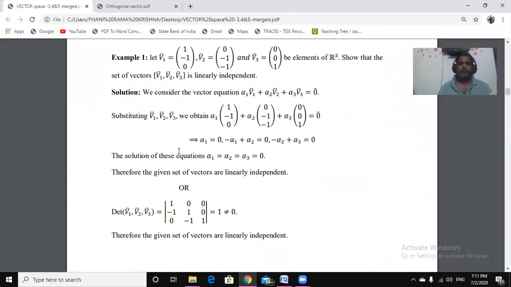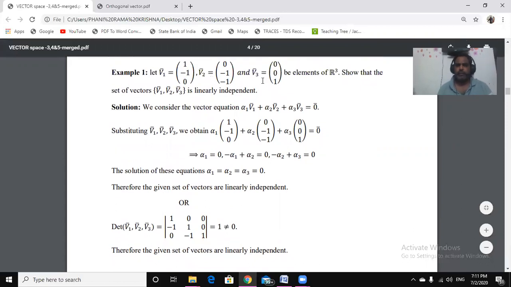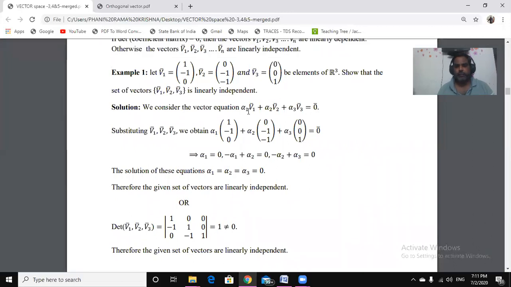One more example: look at these three vectors v1, v2, v3. I would like to check whether they are linearly independent or dependent. One more standard way is alpha1 v1 plus alpha2 v2 plus alpha3 v3 equal to 0. If alpha1, alpha2, alpha3 are all 0, then v1, v2, v3 are linearly independent, because the sum of the three vectors with scalar coefficients is 0 only if all the scalars are 0.